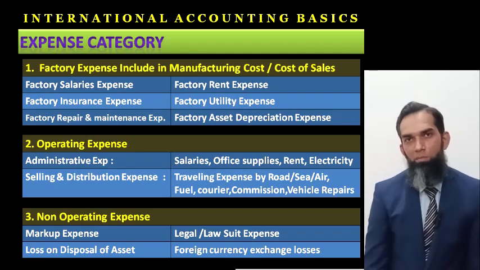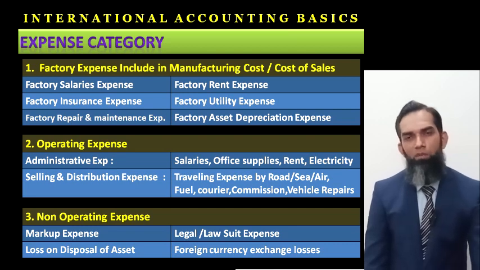Manufacturing expense can be of two types: material expenses, raw material based, and supplies based expenses. Whatever raw material has been consumed in the company, and whatever finished goods they have acquired and are trading.